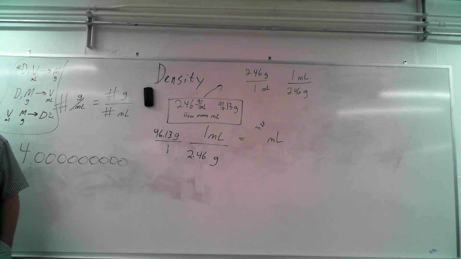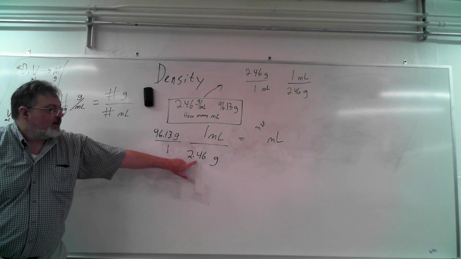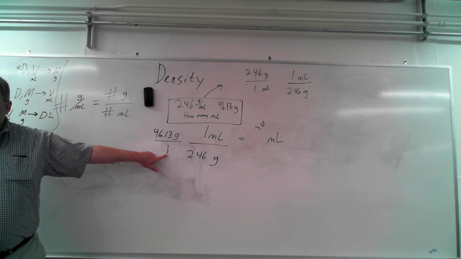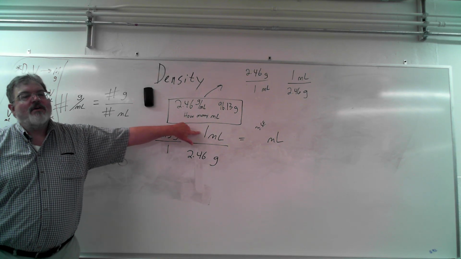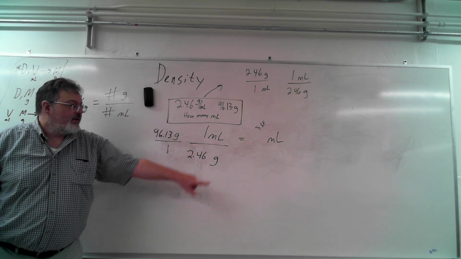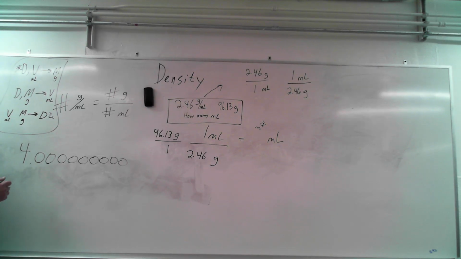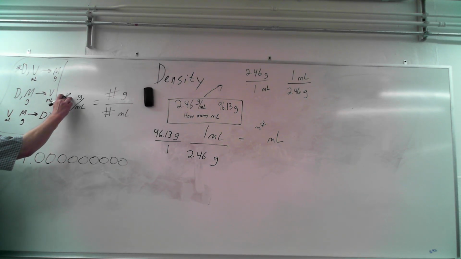When it's exact, it's an infinite number of zeros. So this has 4 significant figures, this has 3, this has infinity, and this has infinity. So we're still following the same rule. The one with the least number of significant figures is the one we put our answer in. But just notice, we'll come across these in other places, grams per milliliter.